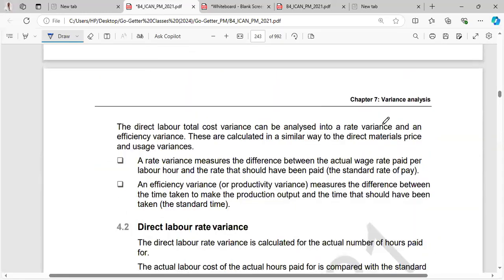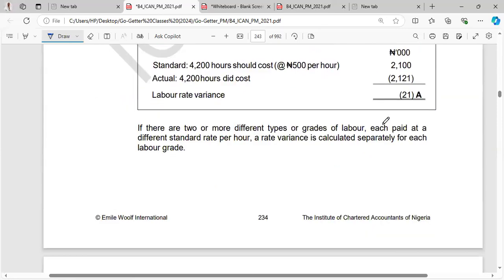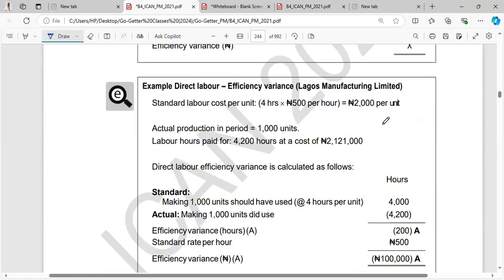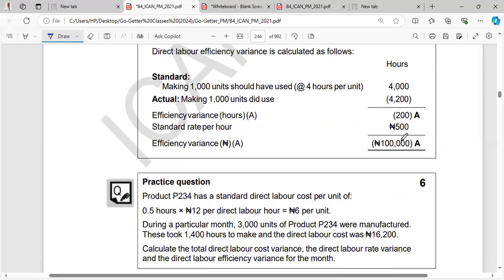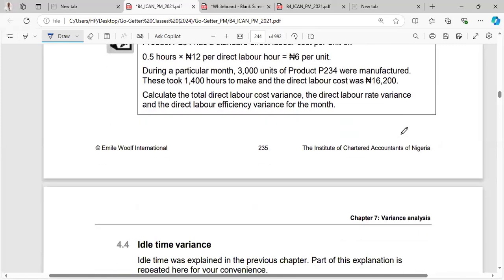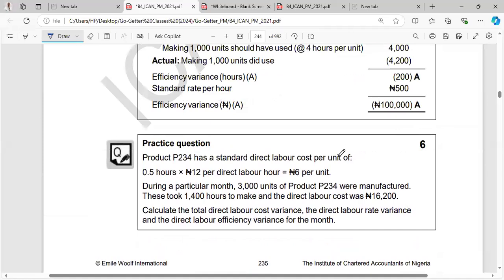So this 100,000, we can look at idle time variance.